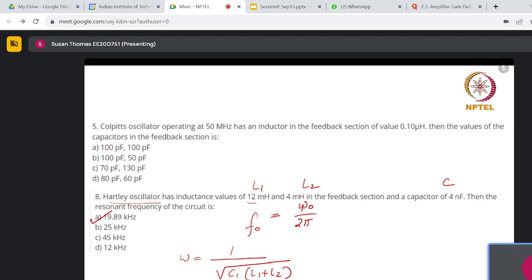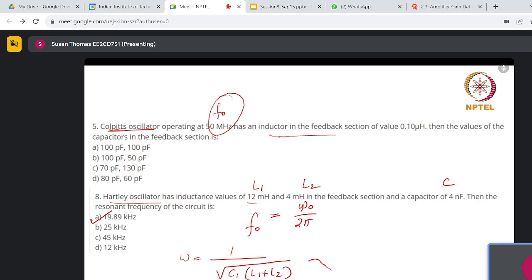So there is a quick question about Colpitts oscillator. You are given the operating frequency, basically the resonant frequency, 50 megahertz. This Colpitts oscillator will have an inductor in the feedback section, then two capacitors, as we discussed in the previous problem. So there are two capacitors and one inductor.